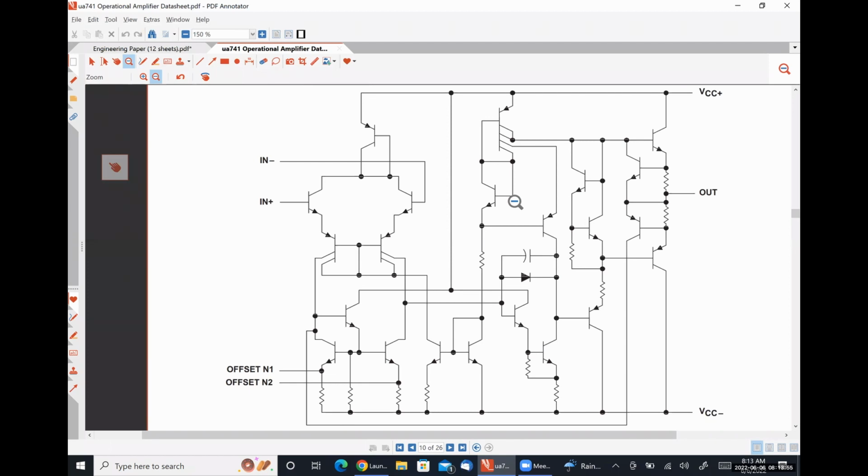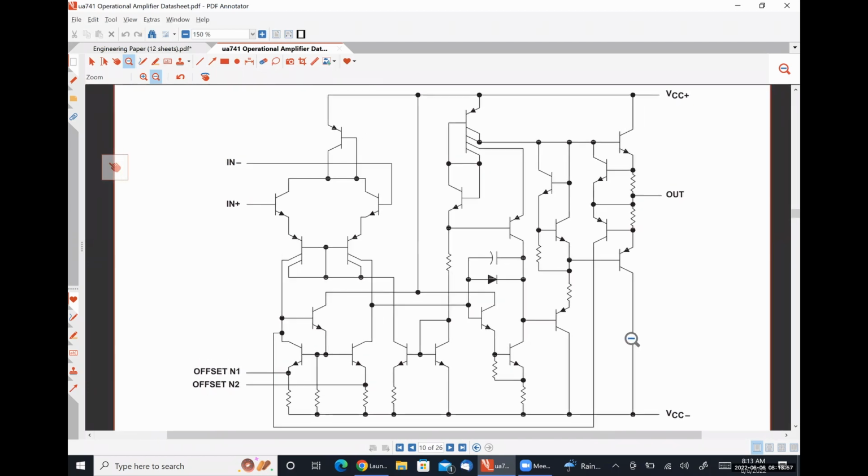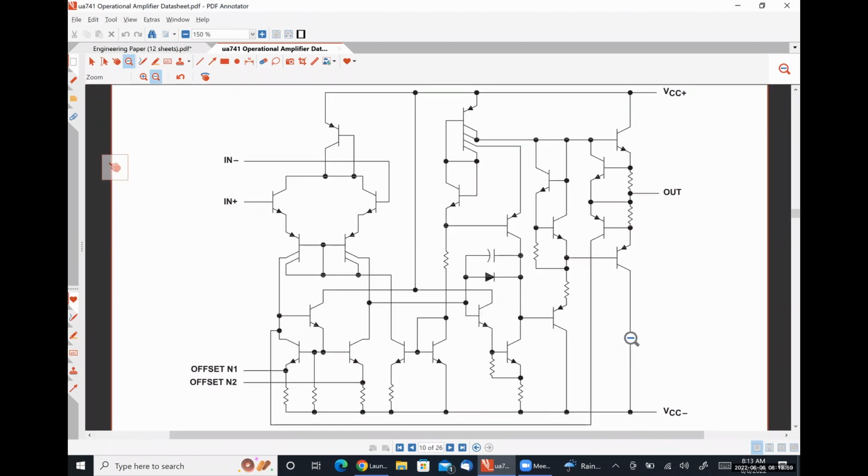Okay, this terrifying looking circuit is actually a quite simple operational amplifier, which is a voltage amplifier that has a differential voltage input and outputs a single-ended voltage signal.